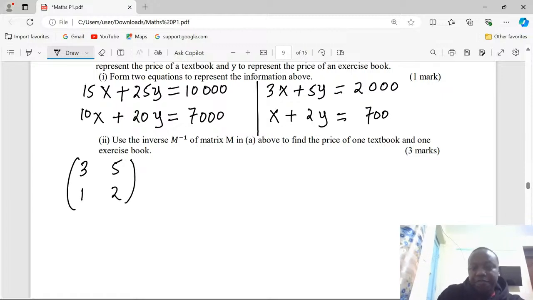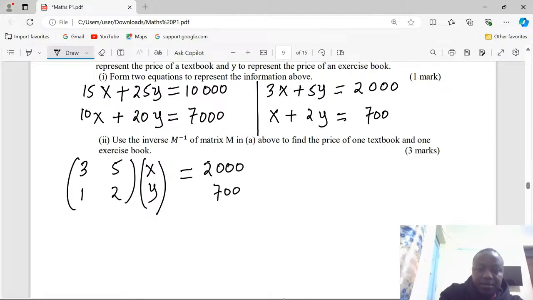That is the coefficients matrix. Then the variables matrix is xy equals the constants matrix 2,000, 700. That is called the constants matrix.